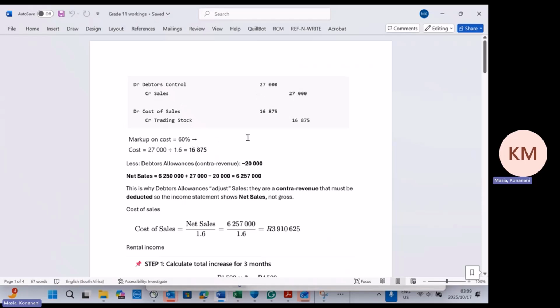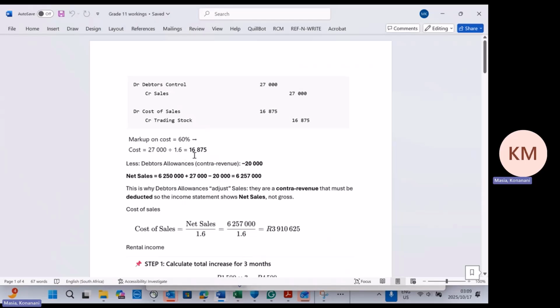Okay. And then also, don't forget the cost of sales. Now, I've been told that the markup is 60%. Therefore, it means for the cost, my trading stock or my cost of sales, I know that when I bought that and sold it for 27,000, I spent 16,865. How do I do that? Because I'm told that my markup is 60%.